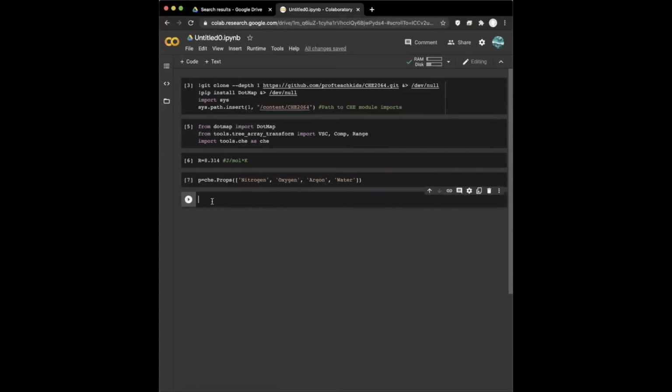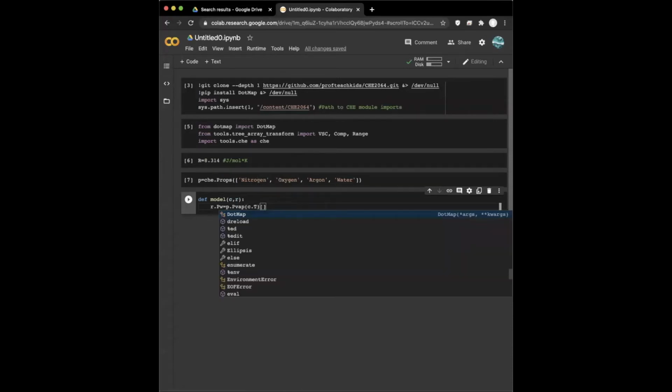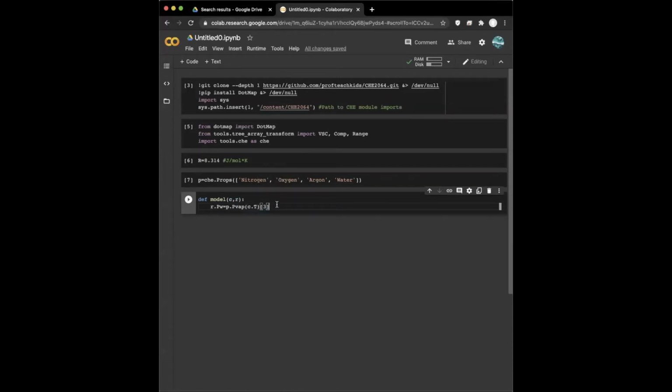And then now we are going to define our model. So here's our model. And we have C and R. That's what we're going to be using to store all of our different variables. So first we have R dot PW equals P dot the pressure of the vapor form, C dot T, and we're going to put 3 in this.